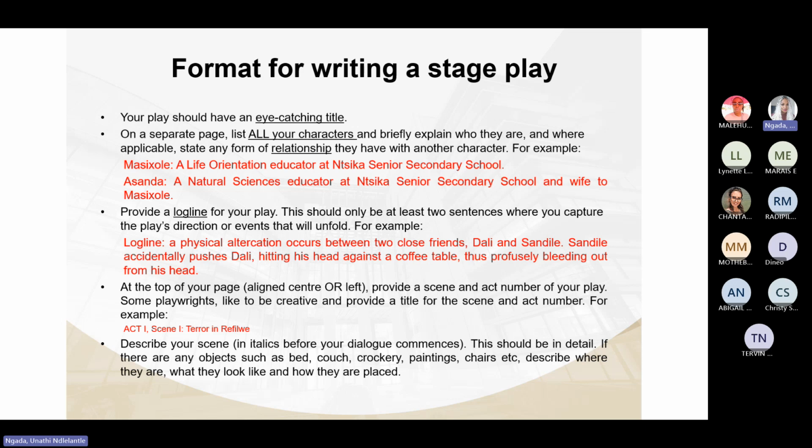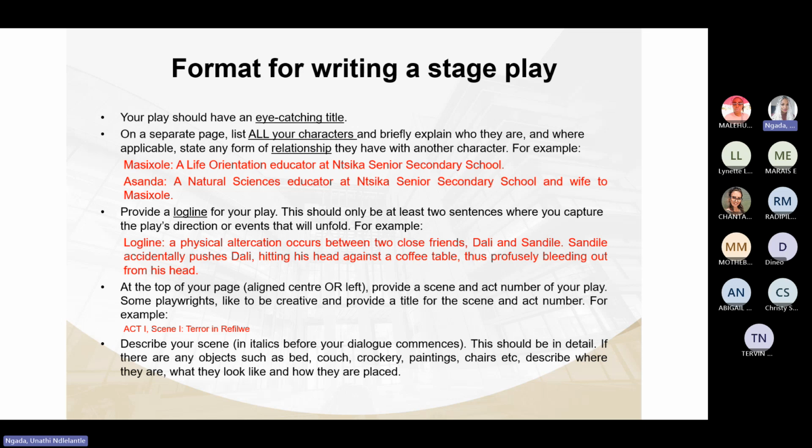Remember to please provide a log line for the play, and the log line here should be at least 2 sentences where you capture the play's direction, where the play is heading, and also things that are going to unfold. So, for example, a good log line here is: a physical altercation occurs between two close friends, Dali and Sandile.